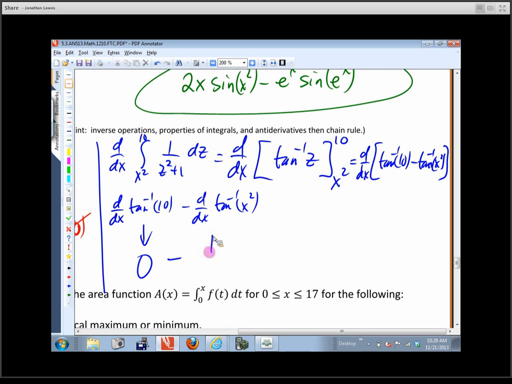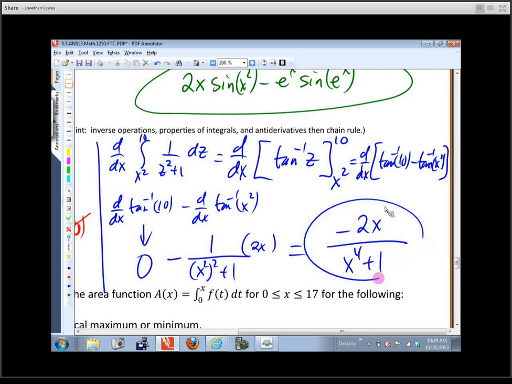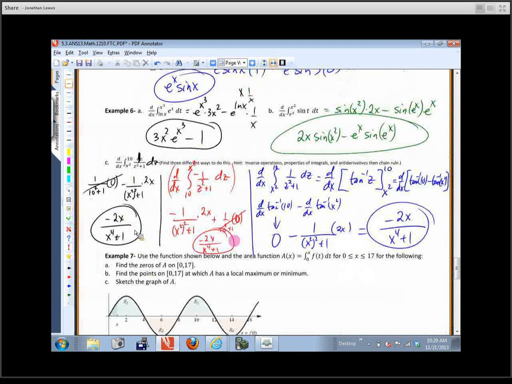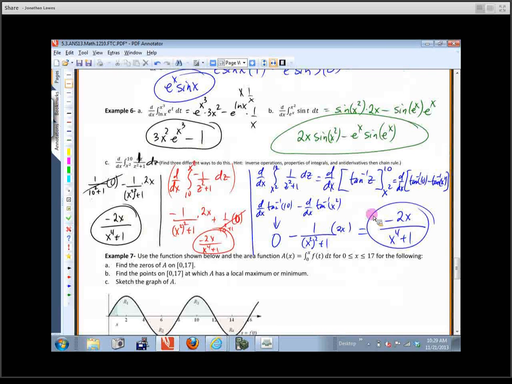The derivative is 1 over whatever we were taking the tangent inverse of, squared, so that's going to be x squared plus 1, times the derivative of whatever we were taking the tangent inverse of, so that's going to be 2x. So look what we get here. Negative 2x on the top, x to the fourth plus 1 on the bottom, and it's exactly the same as doing it those other two ways. Okay?